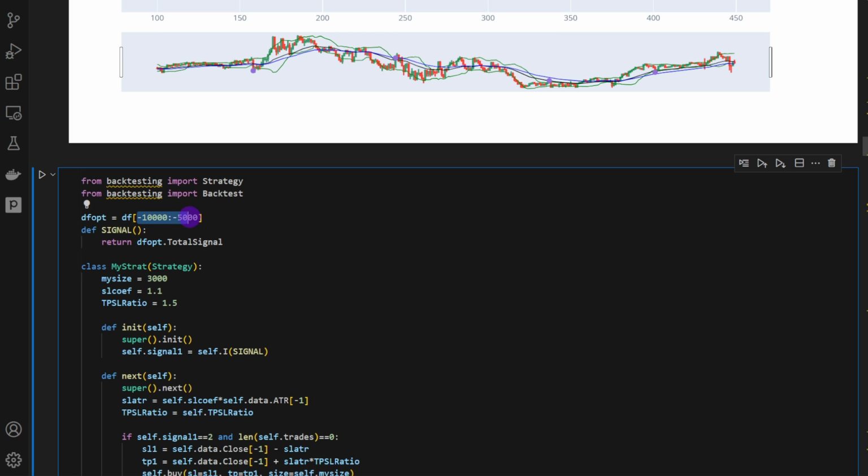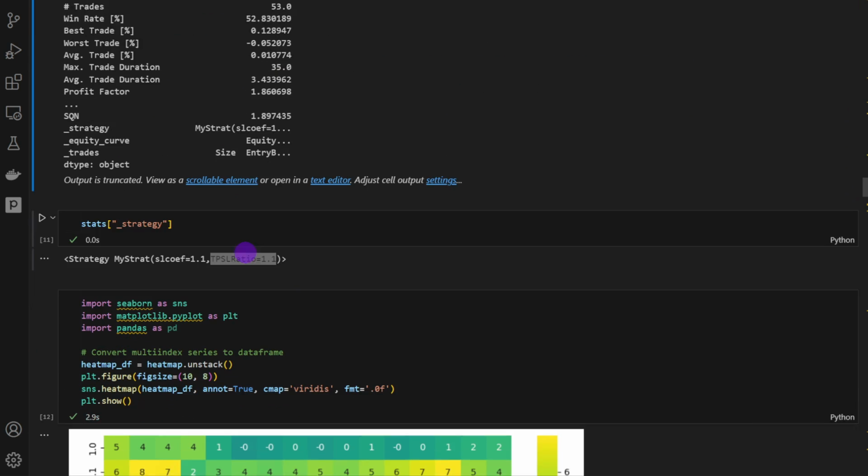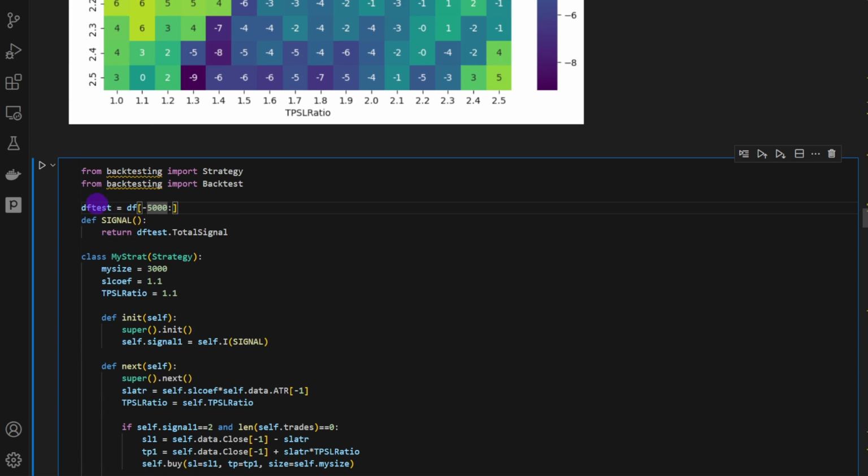So these are the 5,000 candles we use to train or fit the model. What if we tried the same parameters now on the most recent candles? So between minus 5,000 up to the most recent candle. It's the same number of candles, basically 5,000 candles. So we will be defining a new slice, a new data frame for testing.